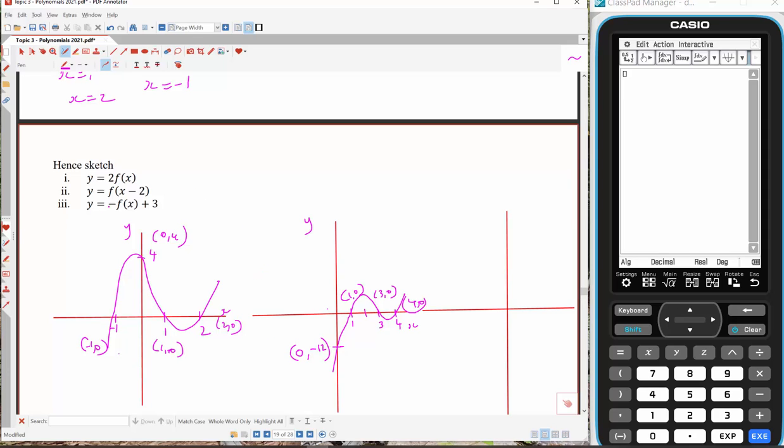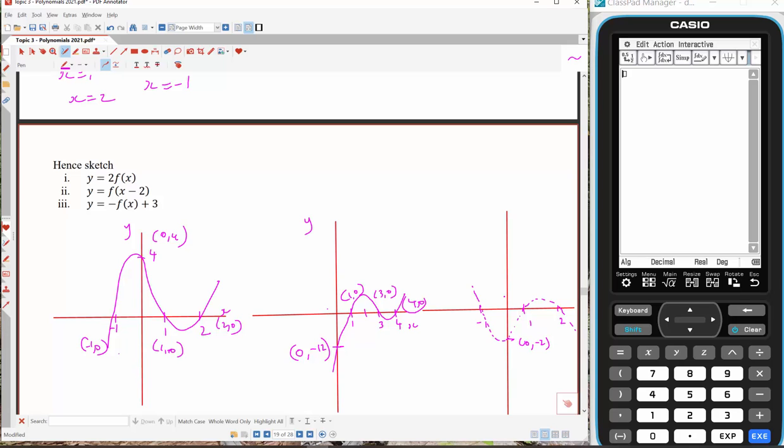Alright, the last one. What this one will do is flip it, and then we're going to add 3 to it, so send it upwards. So what would actually happen is this is negative 1, 1, and 2. It's going to come down like this, where that is 0, negative 2.